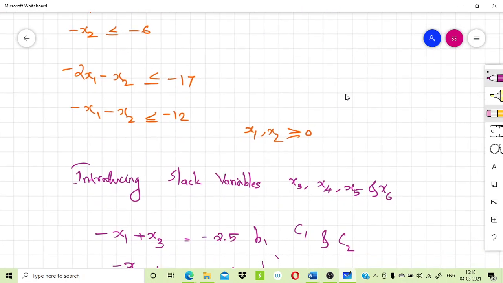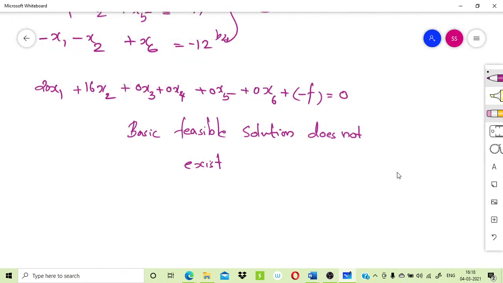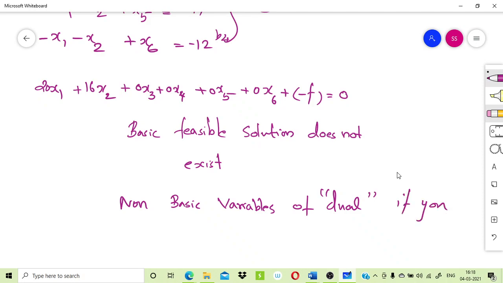So in that case, if you put the non-basic variables of the dual equal to 0, then you will get the basic solution with basic variables positive, C1 equal to 20 and C2 equal to 16.